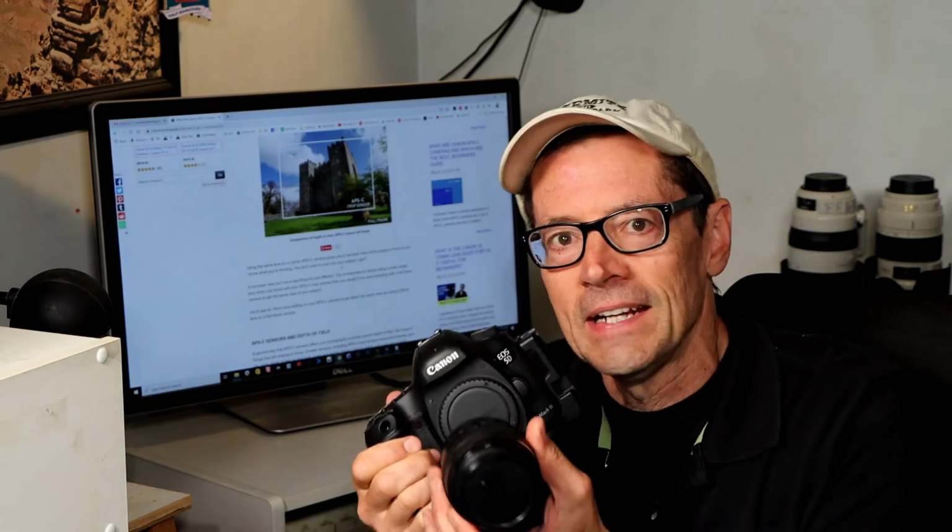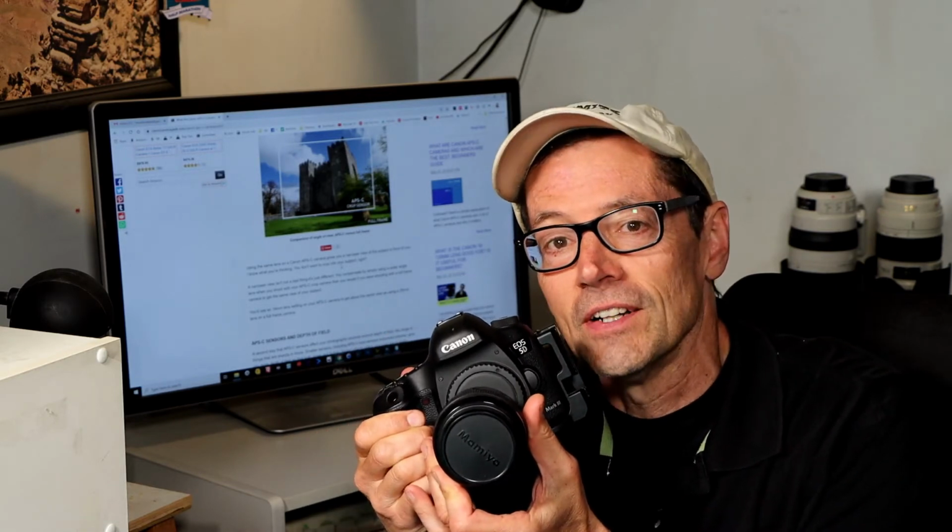As an example, you'd use an 18mm lens on an APS-C camera, and that would give you the same angle as if you used a 28mm lens on a full frame sensor camera. As a second example, this is a Canon EF 85mm prime lens, a mild telephoto lens. So we put it on a full frame camera, and it gives you a certain amount of magnification of the subject.